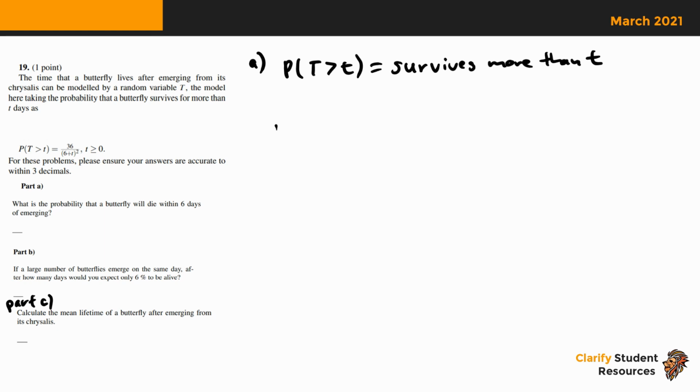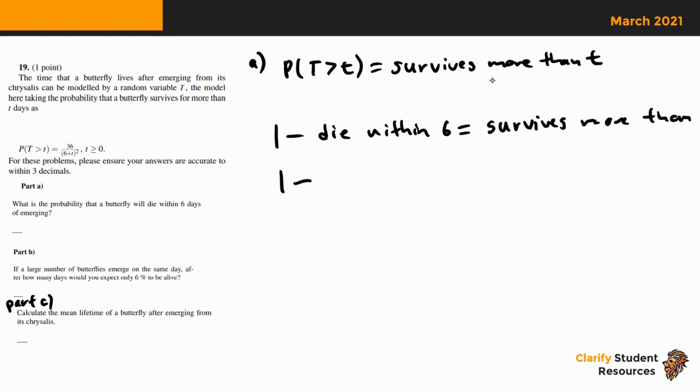So we know that 1 minus the probability of surviving more than 6 days is equal to the probability of dying within 6 days.